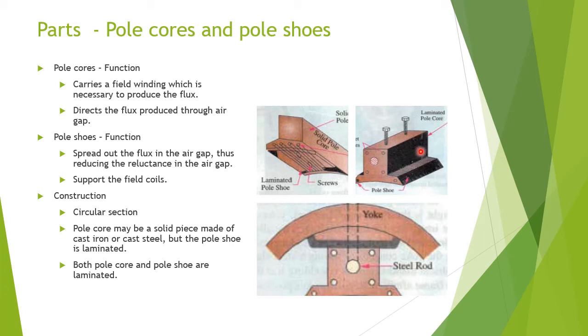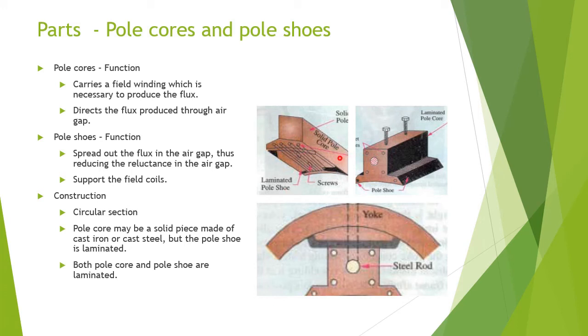When current goes through the coil, the magnetic field is produced. The flux produced spreads out through the pole shoes. That is the function of the pole shoe. It spreads the flux in the air gap, and the pole core directs the flux through the air gap.